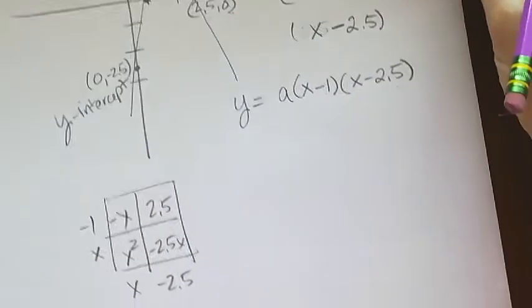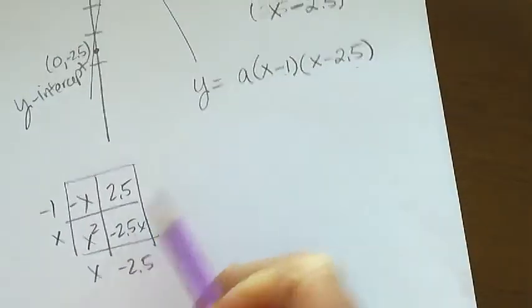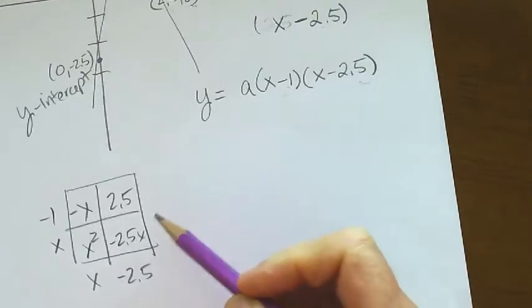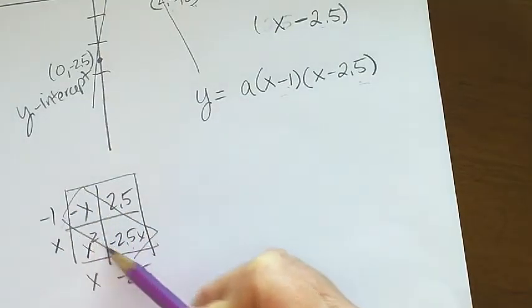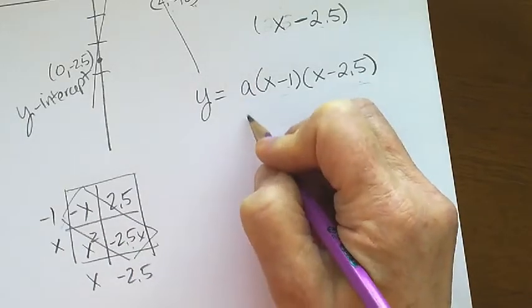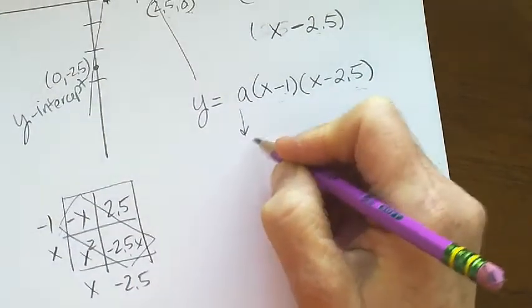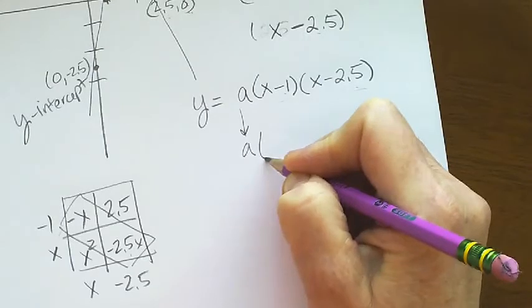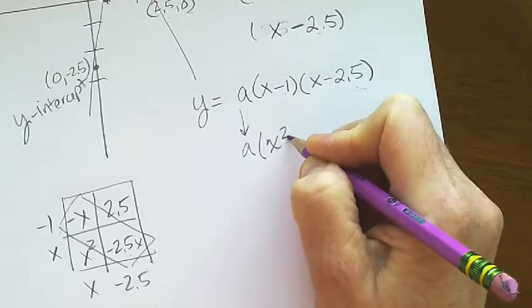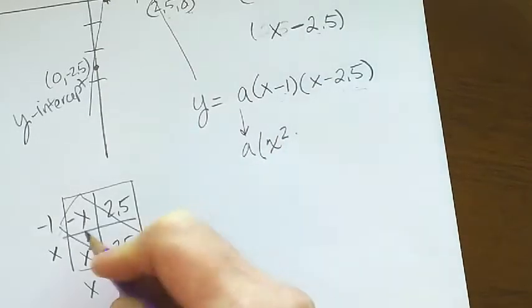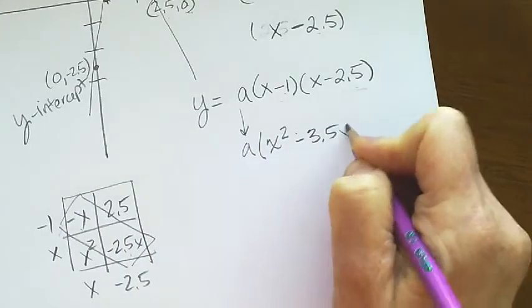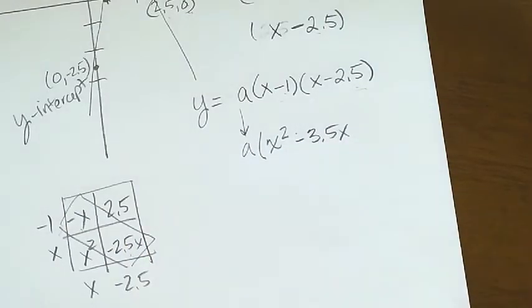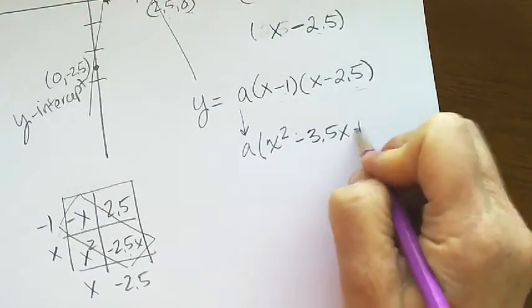Okay, let's write this product as a sum, and we can combine these two terms that are alike. I'm going to bring this a down, which you might be wondering what that is. You'll see in a minute. Negative 1x and negative 2.5x, that's going to be negative 3.5x, and then plus 2.5.